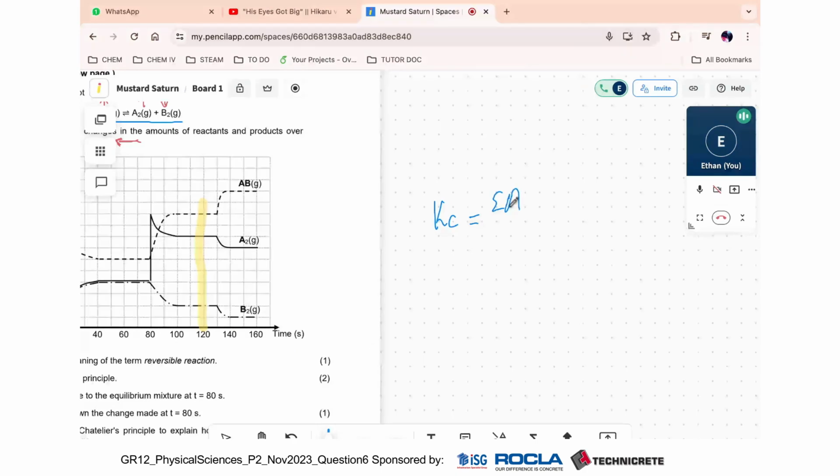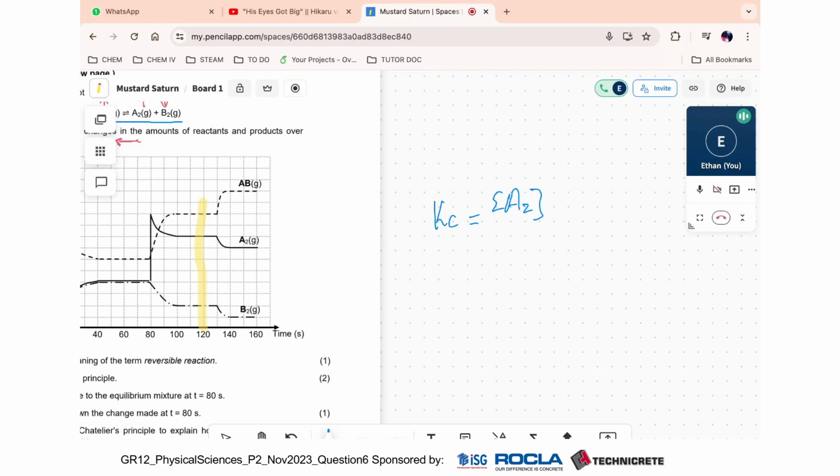So our products are A2. And because this 2 is not before our molecule, it's just like a diatomic gaseous A molecule, something like H2 or Cl2 or N2 as well.